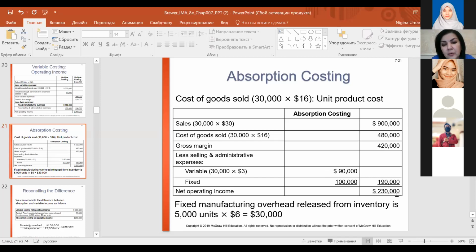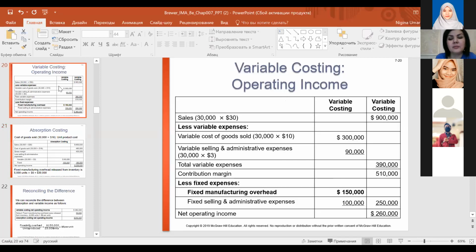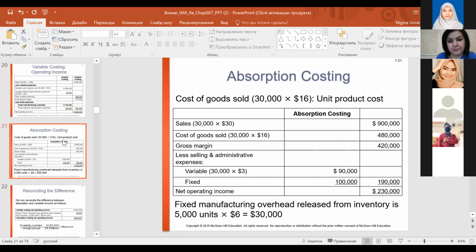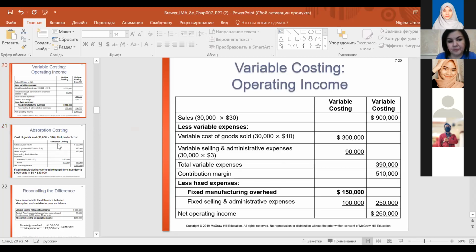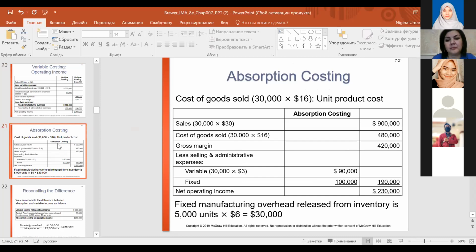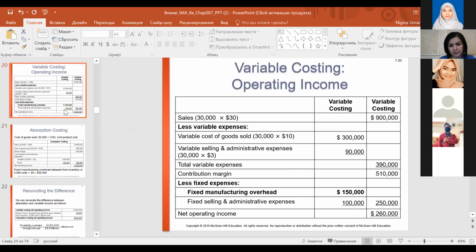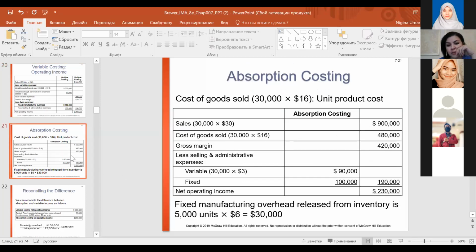Why is it lower now than on the variable costing system? Think about why net operating income is lower on the absorption costing than on the variable costing system. What do you think?